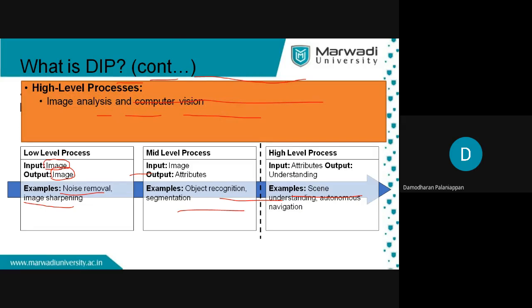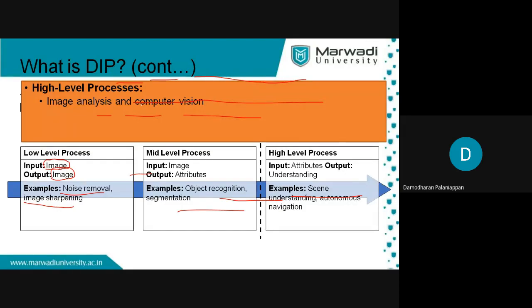You can see this in image analysis and computer vision. If you go to the doctor and take a CT scan, once the CT scan is taken, the image will be scanned, and then we take a small part of the image.